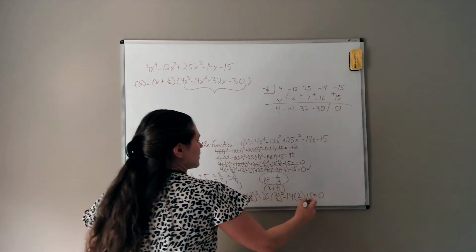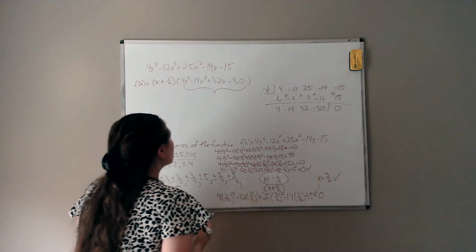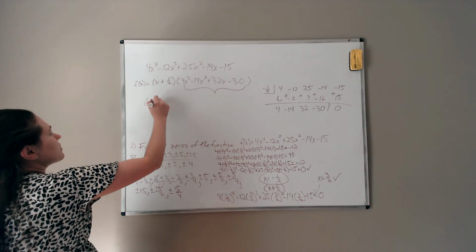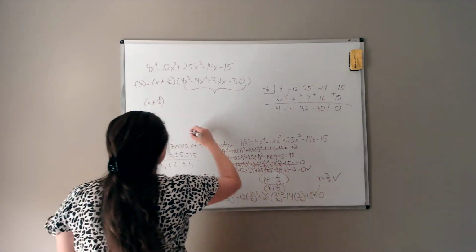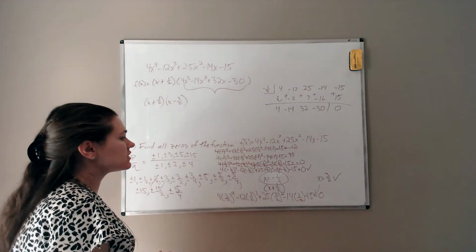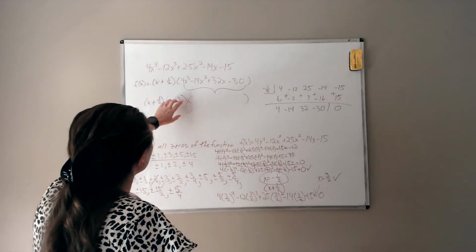So we find another, you go through your list and 3/2 is going to work. So what that means is another factor is going to be, if 3/2 is a root, then x minus 3/2 is a factor.